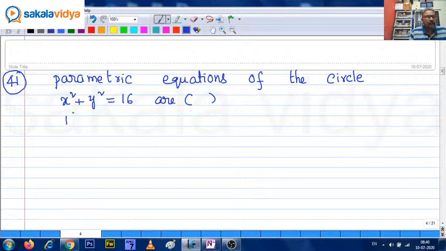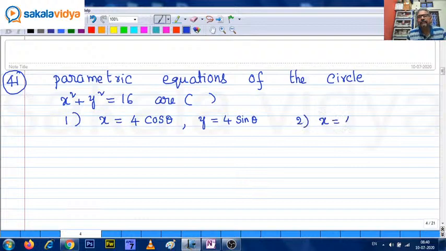So first option, x is equal to 4 cos theta, y equals to 4 sin theta. Second option, x is equal to 4 cos theta, y equals to 4 tan theta.